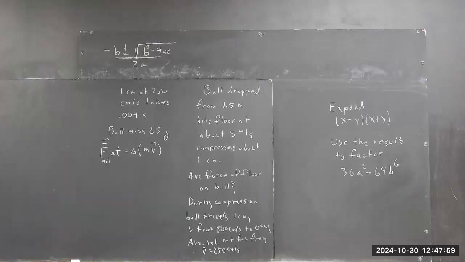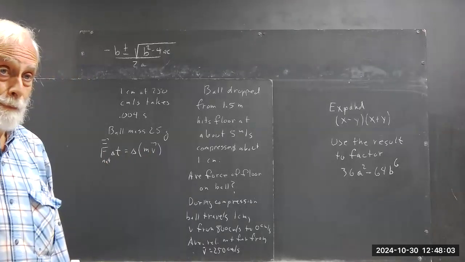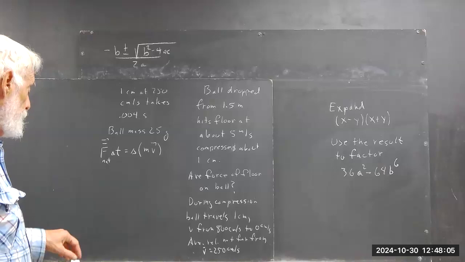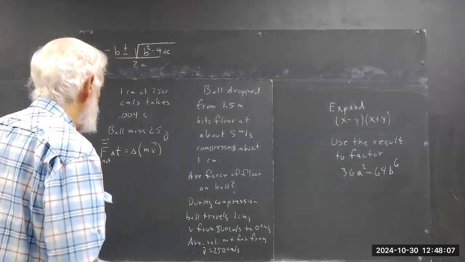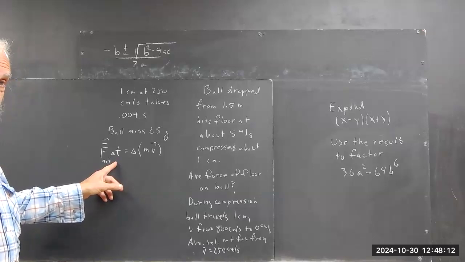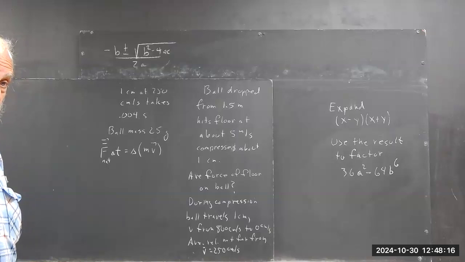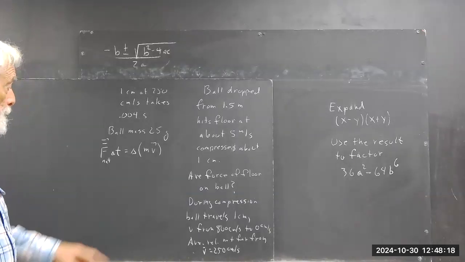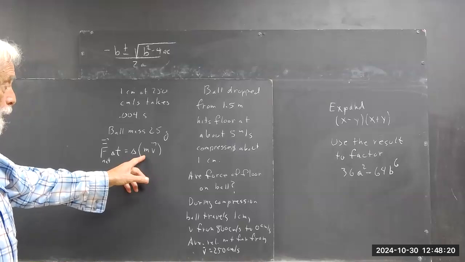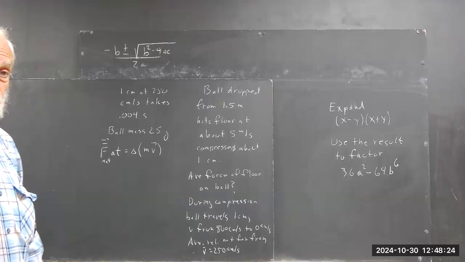What do you know? In this equation, do you know delta T? Well, during contact with the floor, that's 0.004 seconds, right? Do you know m? Well, yeah, I just put the thing in the balance. I said it's about 25 grams.